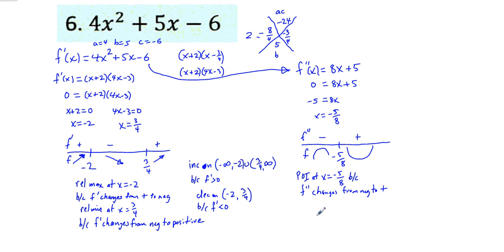Okay, and that's it. And as far as concavity, we could say concave down on -infinity to -5/8 because f double prime is less than 0, and concave up on the interval of -5/8 to infinity because f double prime of x is greater than 0.